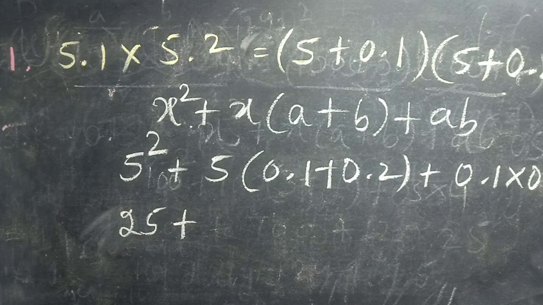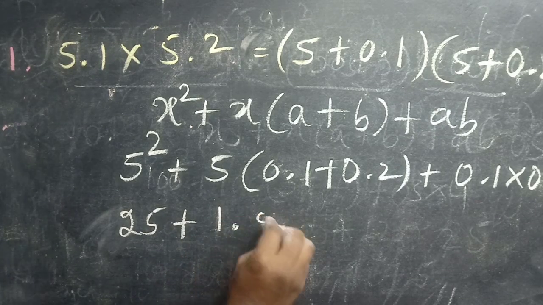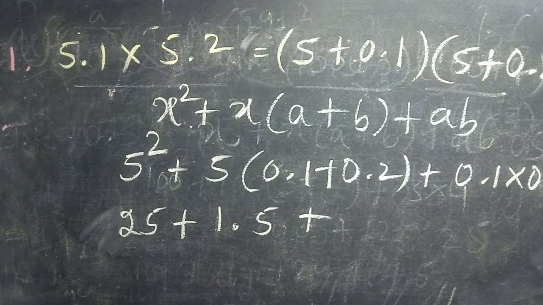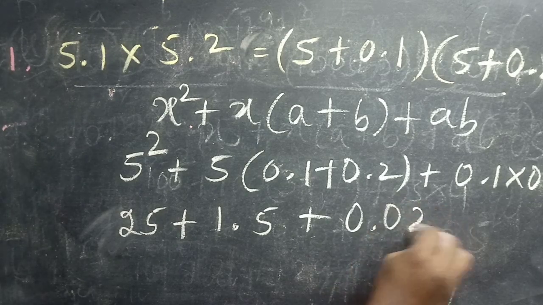Now, 0.1 plus 0.2 is 0.3. Now, 0.3 into 5 is 1.5. Now, 0.1 into 0.2, what we get? 0.02.